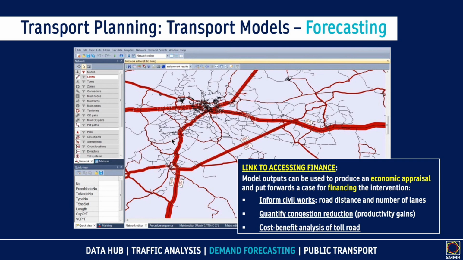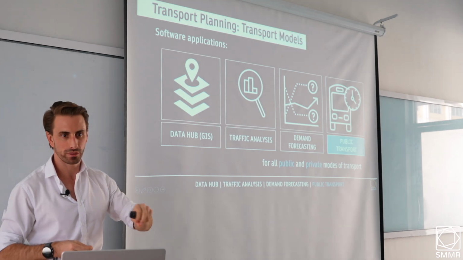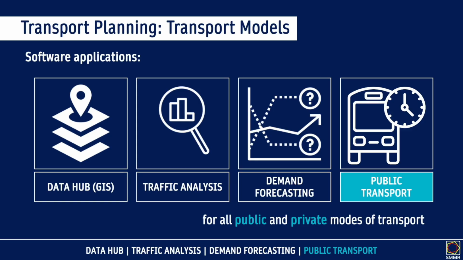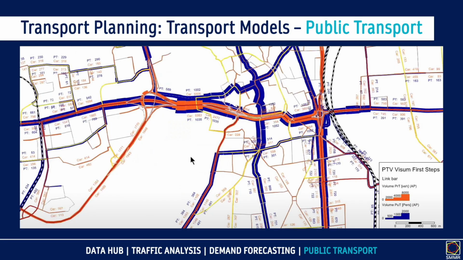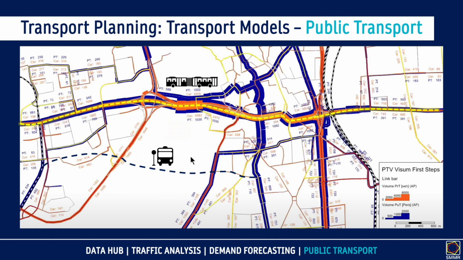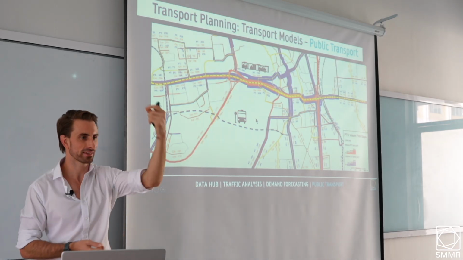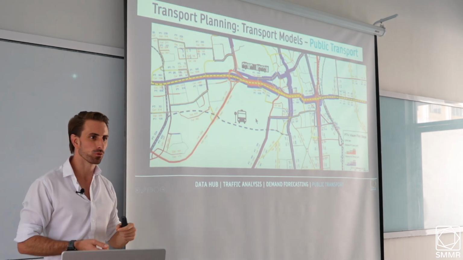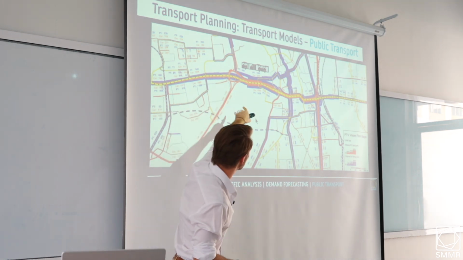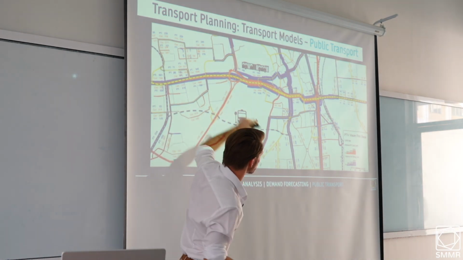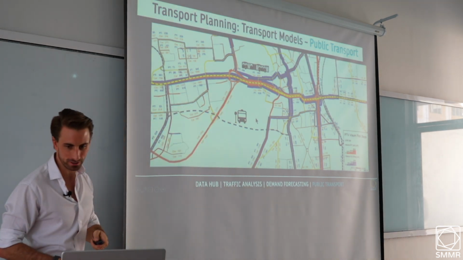And they can also do a lot of interesting work with public transport. Say again, this is your city. You want to introduce a new public transport corridor, you basically just draw that in or add a new route or increase the schedule, the frequency of bus, and you want to understand how that affects the volume of passengers moving through your network.